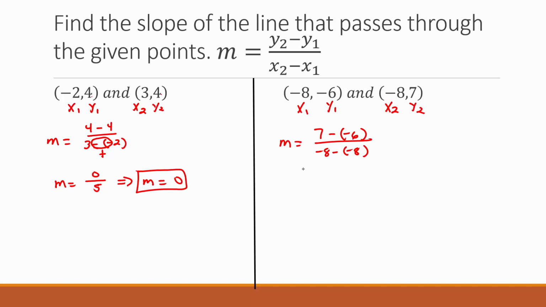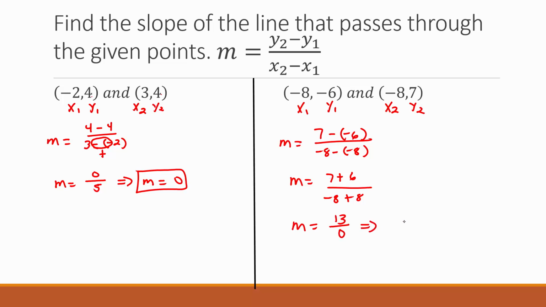Minus a negative, we know, makes plus. So 7 plus 6 over negative 8 plus 8. 7 plus 6 is 13. Negative 8 plus 8 is 0.